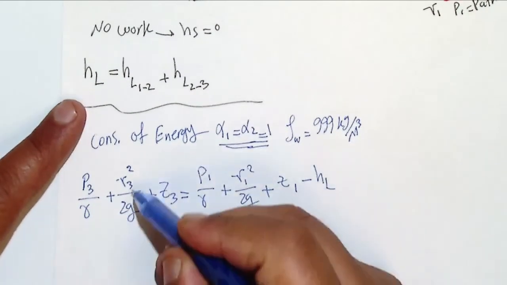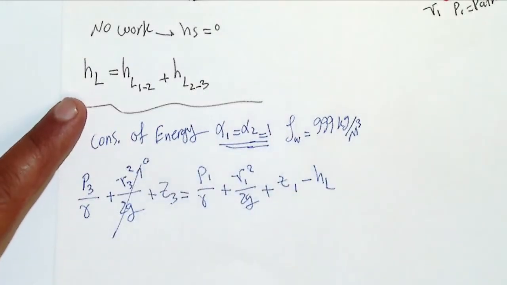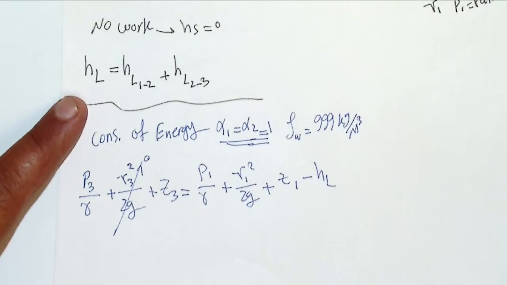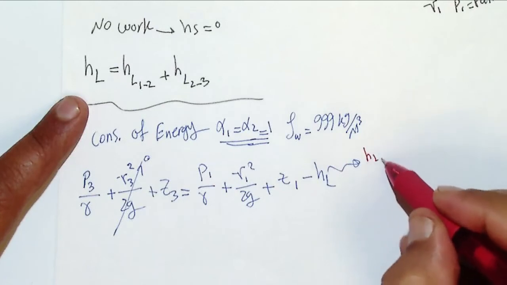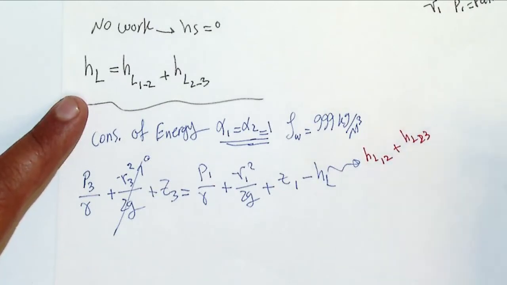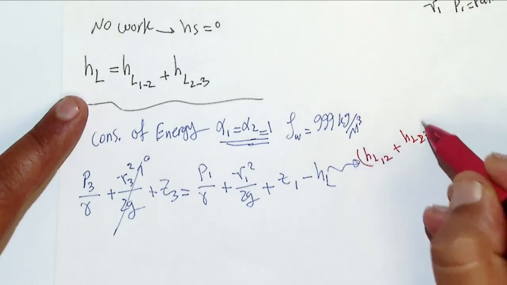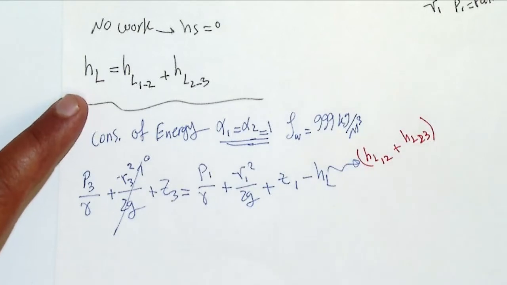But what we know, we assume that V3 is going to be 0, right? This is going to be 0, and we know that the head loss is going to be the summation of two terms, HL 1 to 2 plus HL 2 to 3, right? We also know that this is going to be replaced by HL. What else?